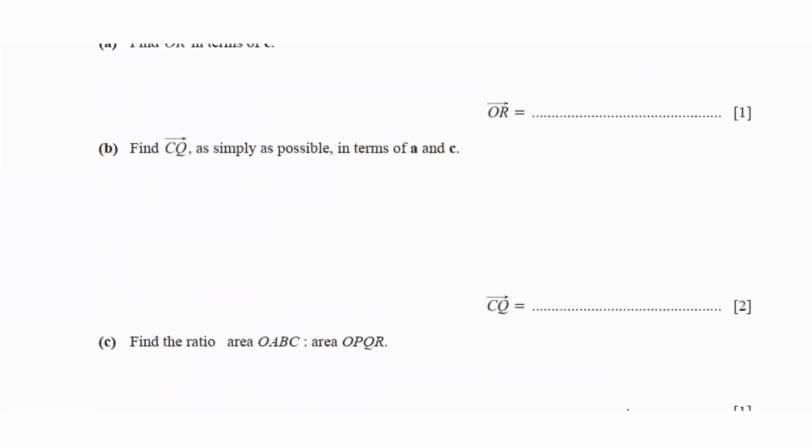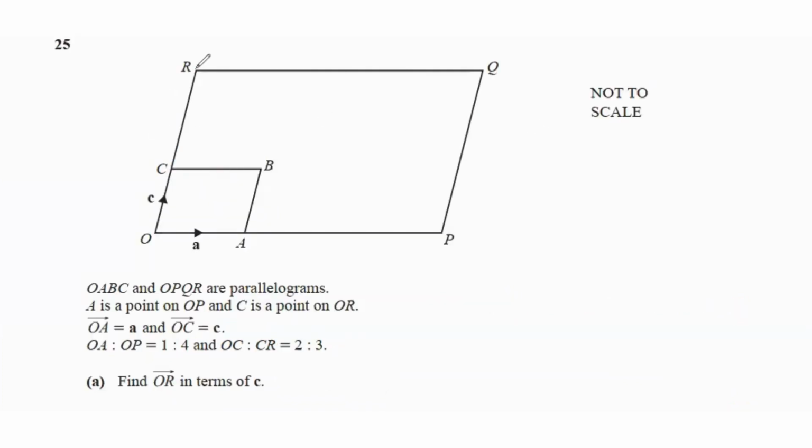Then it says, find CQ as simply as possible in terms of A and C. We know that OR was 5/2C. So CR is going to be 5/2C minus C, which is going to be 3C/2.